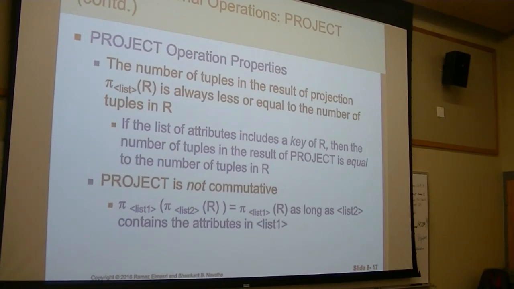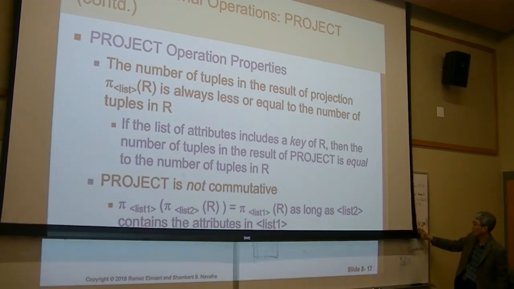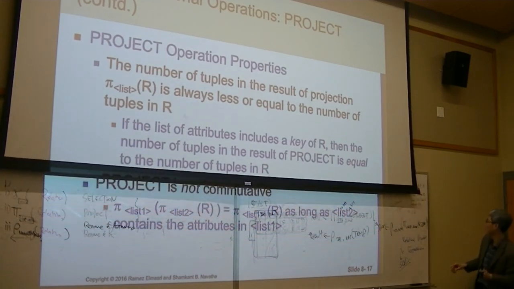So we can use a lot of properties. I believe that you know these rules. For example, project is not commutative. Why? If we go back to this example, what if, I already erased the previous one.